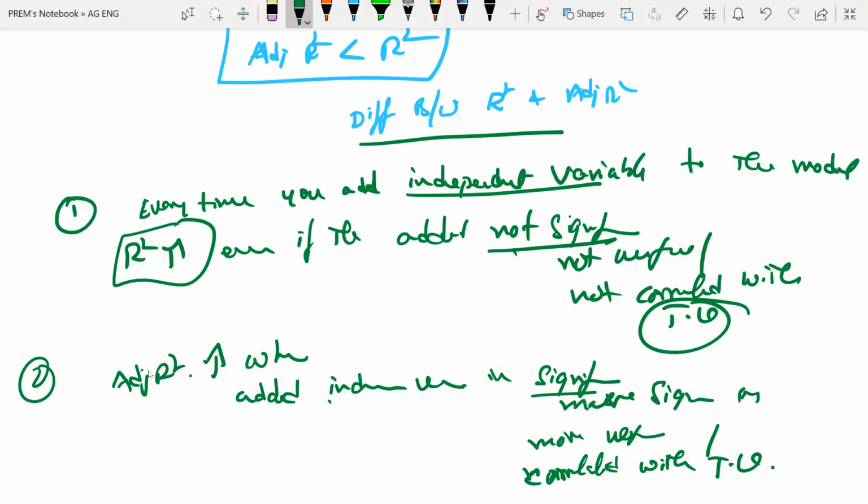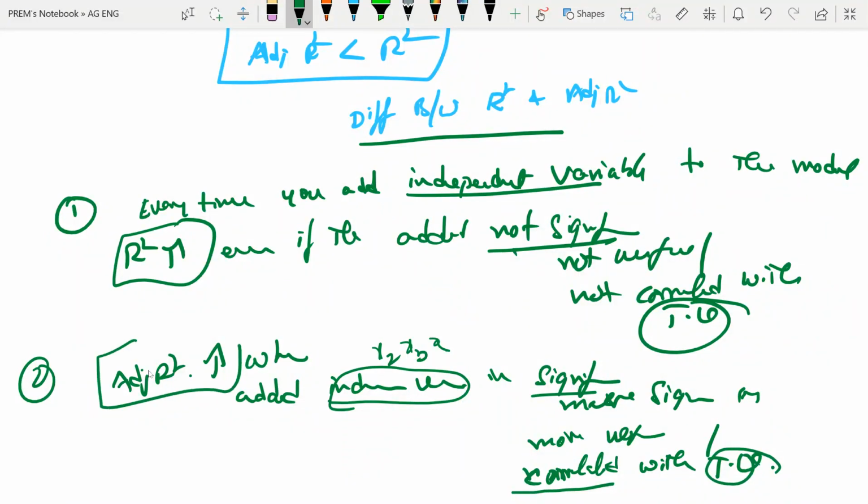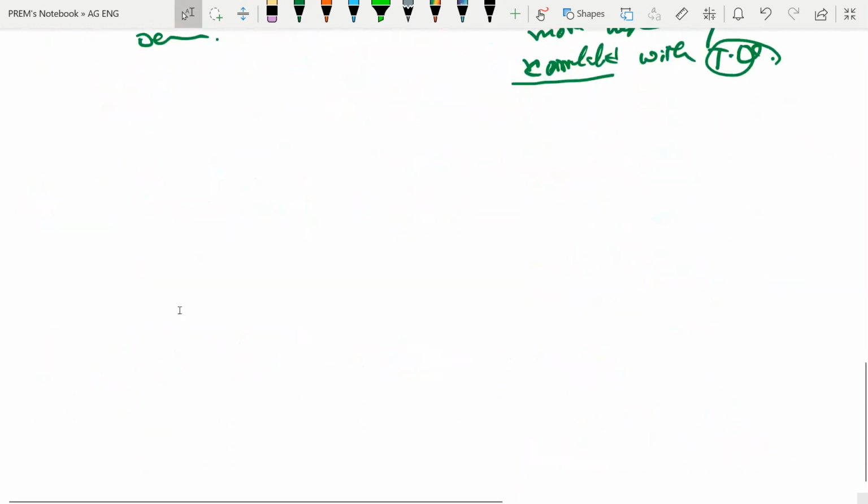So whenever you add the independent variables x2, x3, x4, whatever independent variables you add, at that time the independent variables must be correlated with the target variable. At that time only the adjusted R square will be increasing. Whenever you add independent variables that are not correlated with the target variable, at that time the adjusted R square will decrease. So this is the adjusted R square.